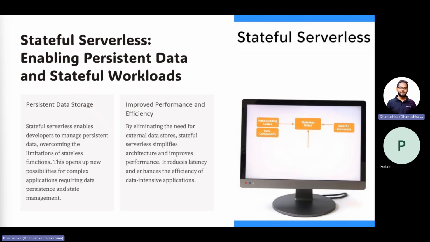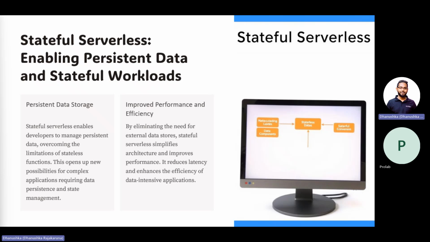So the benefits will be simplified architectures by reducing the need for external state management and decreased operational complexity. Enhanced application use cases like workflows, session management, real-time analytics. Also improved developer productivity by shifting focus to building business logic rather than managing state infrastructure.